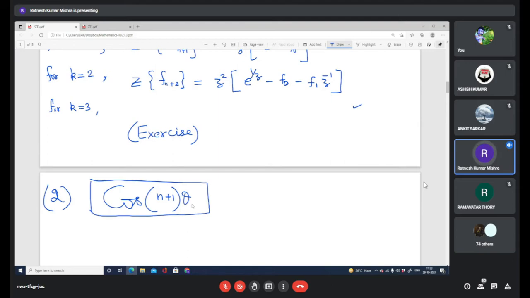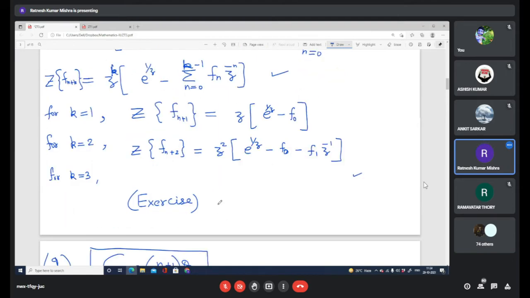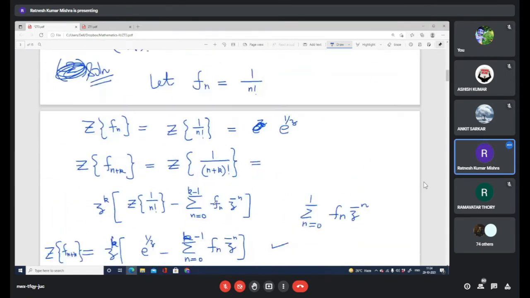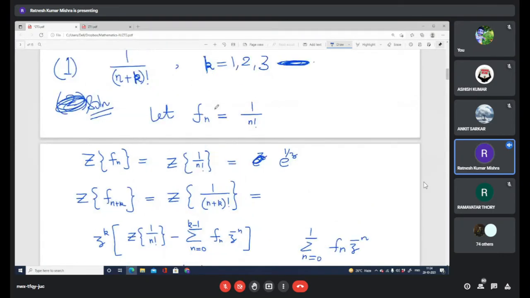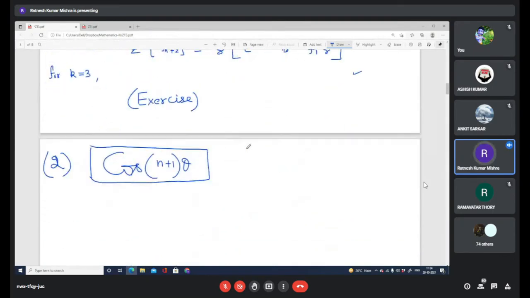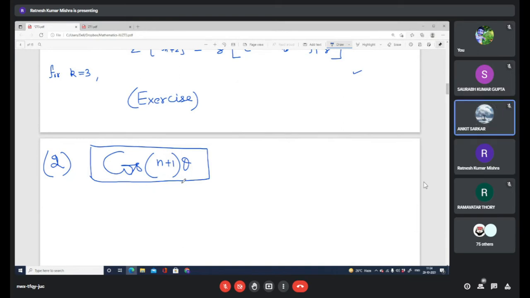So as in the previous problem, in this one also assume f(n) is what? Cos n theta.